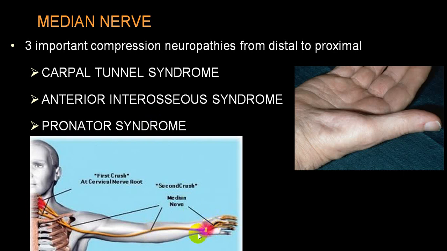So carpal tunnel is here, anterior interosseous injury, pronator syndrome, and you can get injury at the cervical neck, which will be the first crush, and the second crush can be at any one of these three areas. That's why it is called double crush syndrome.